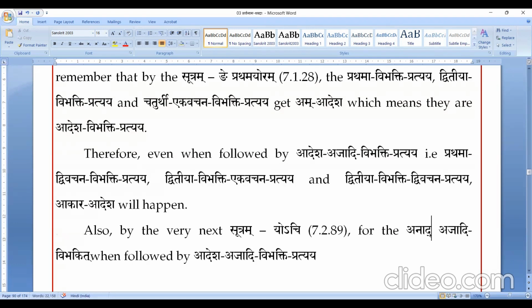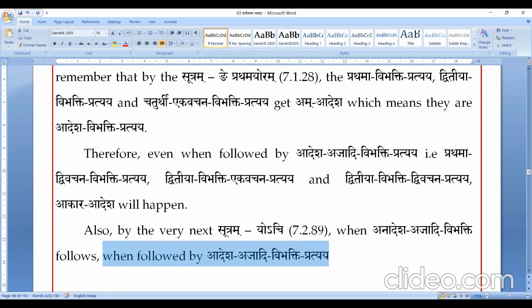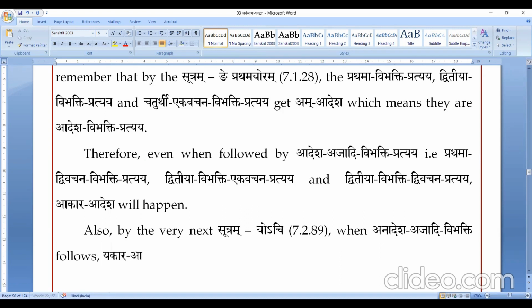For the Anadesha Ajadi Vibhakti Pratyaya, by the very next sutram Yochi, when Anadesha Ajadi Vibhakti Pratyaya follows, Yakara Adesha is ordained.